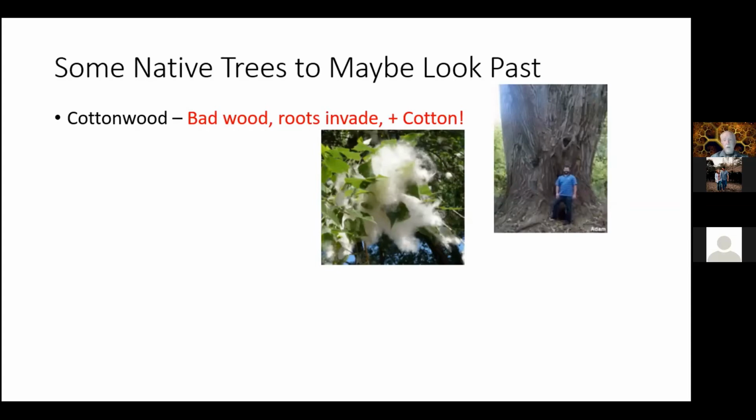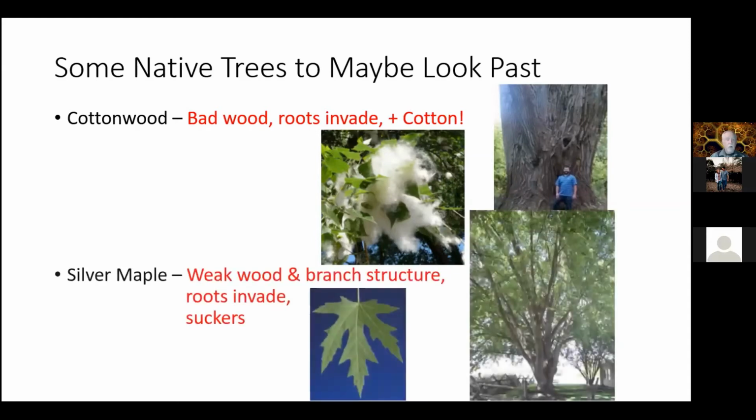And then, of course, they spread via seeds that have the cotton. That's why they're called cottonwood. And they're generally considered the most hated tree in America, because all your neighbors will hate you if you have one.